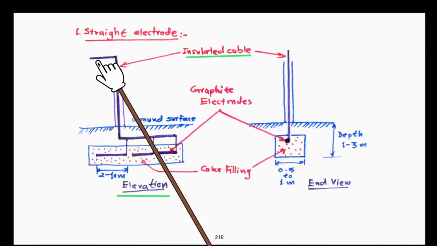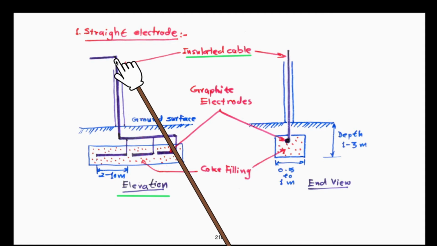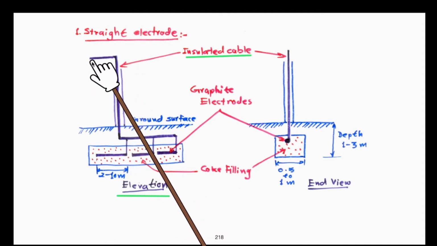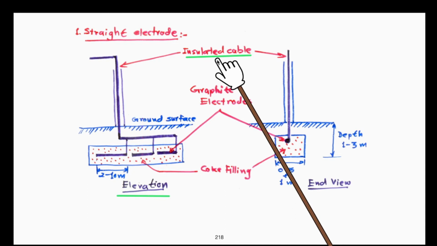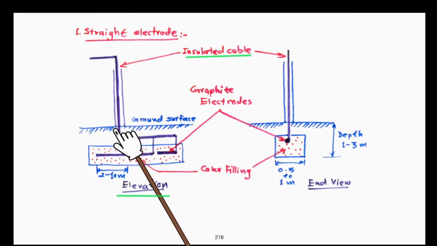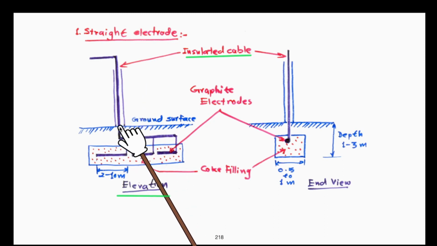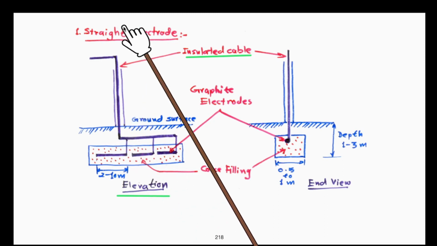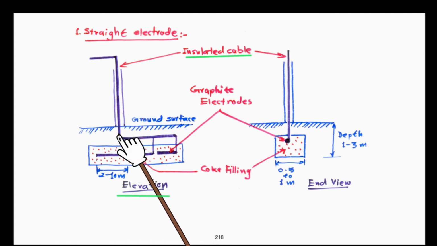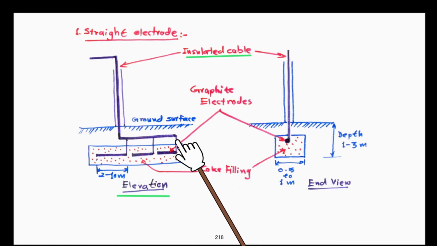This insulated cable is the earth electrode line. This will be bringing the power all the way up to the electrode site, and then through suitable pipe structure it will be connected, right? So the cable will be carrying the current all the way inside so that it can be connected to different earth electrode elements, right?